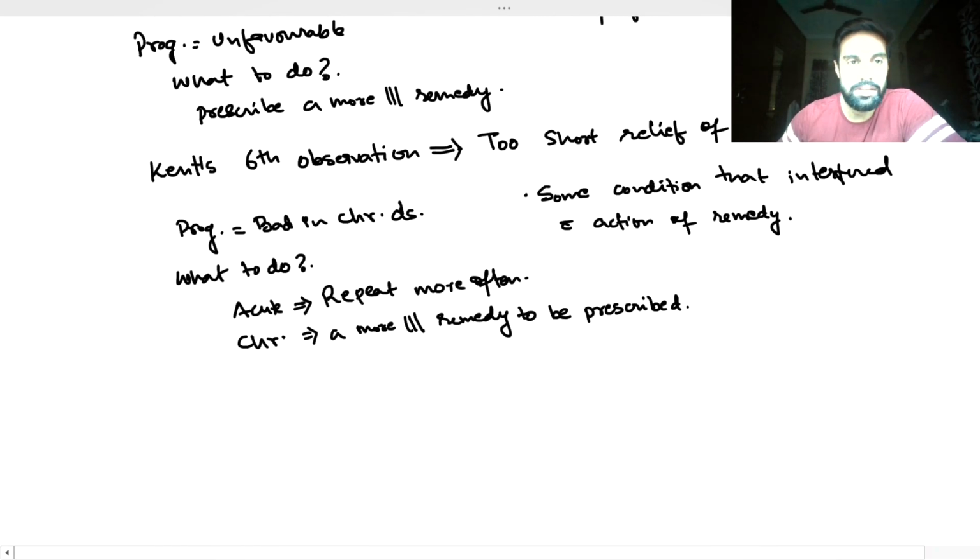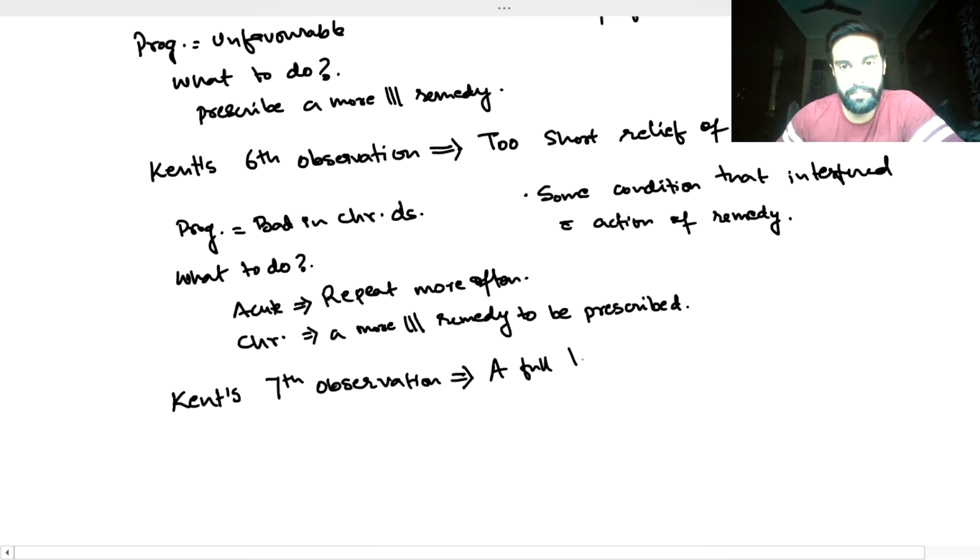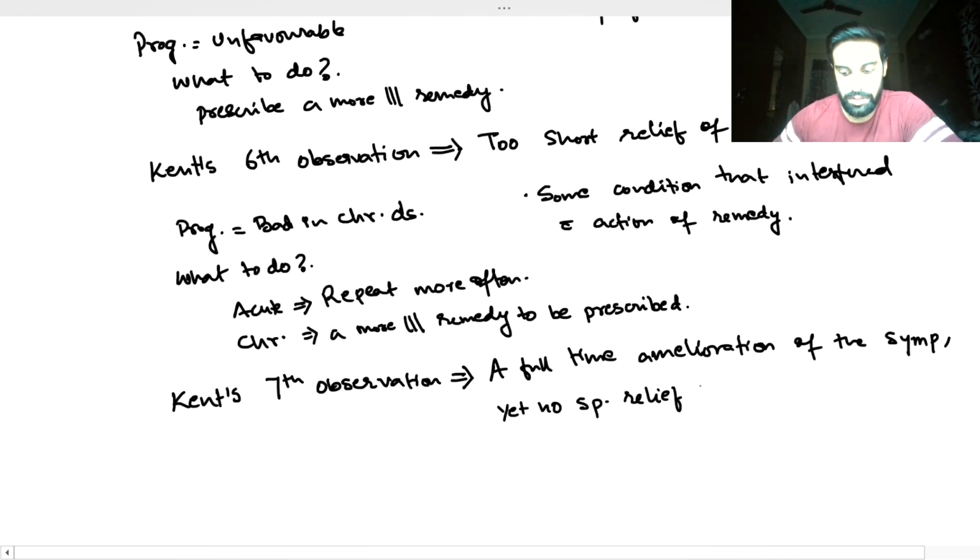Next is seventh observation. A full-time amelioration of the symptoms, yet no special relief to the patient.